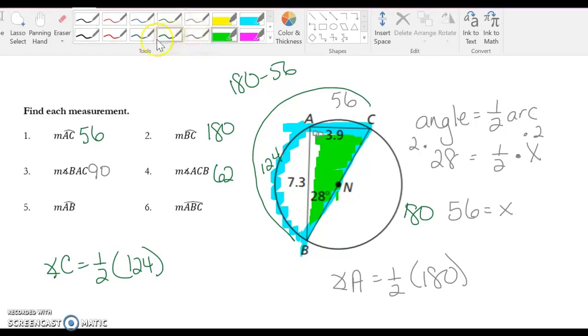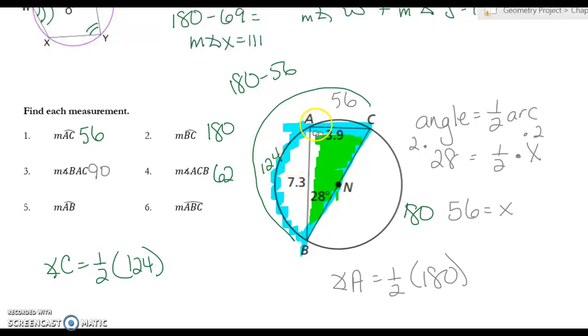Okay, let's go back here and see if we have enough information for these. A to B, we do have enough information. We already wrote it down as 124. Okay, last one we have is A to B to C. So if I'm going to do a star from this one, A to B to C. Now, I can, I'm sorry, it's so confusing.